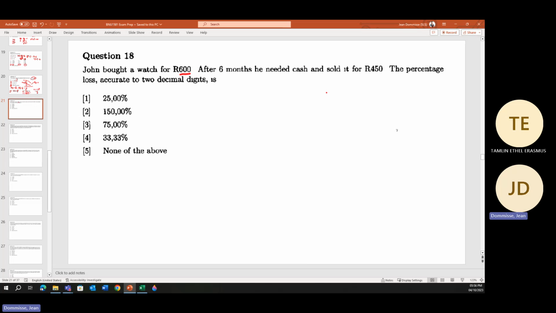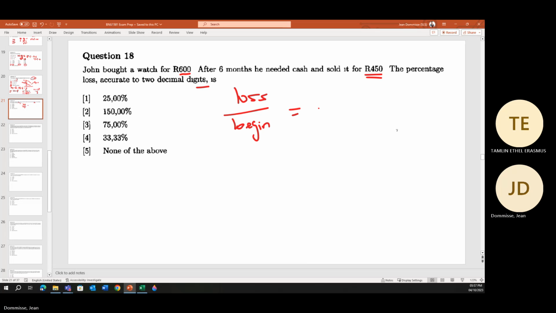After 6 months, he needed the cash and sold it for 450. So the percentage loss accurate to 2 decimal digits. Okay, so how we do that is to say, what is the loss divided by the beginning value?